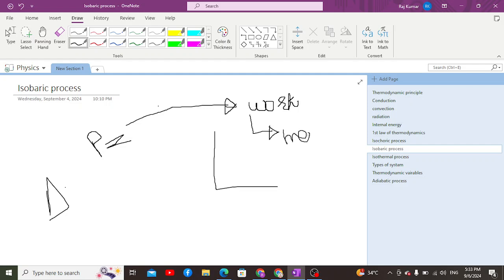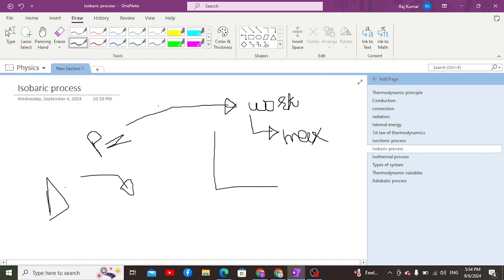And in this system, the heat provided, the thermal energy provided, will be causing the work done on or by the system.